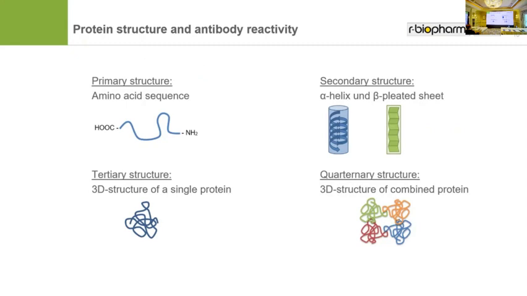And if we look at the complete protein, it is folded in a three-dimensional structure, which is then the tertiary structure. If we look at complex proteins, which are built up from 3, 4, 5 different subproteins, then we speak about a quaternary structure. Important for analysis is that an antibody that we use in an assay reacts always with only one specific epitope.